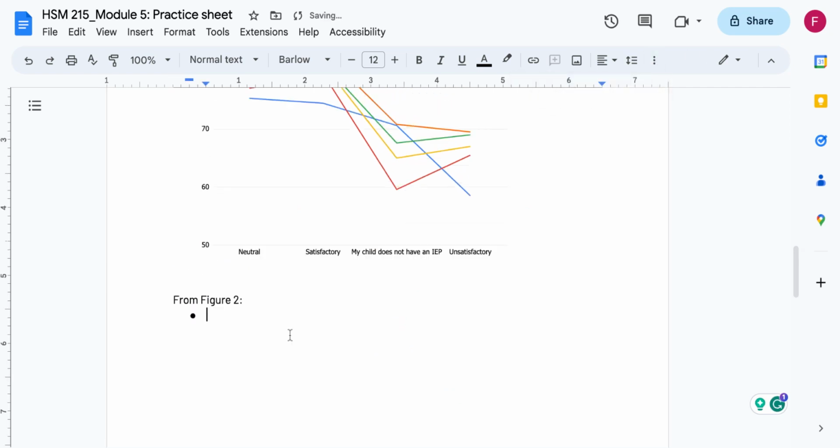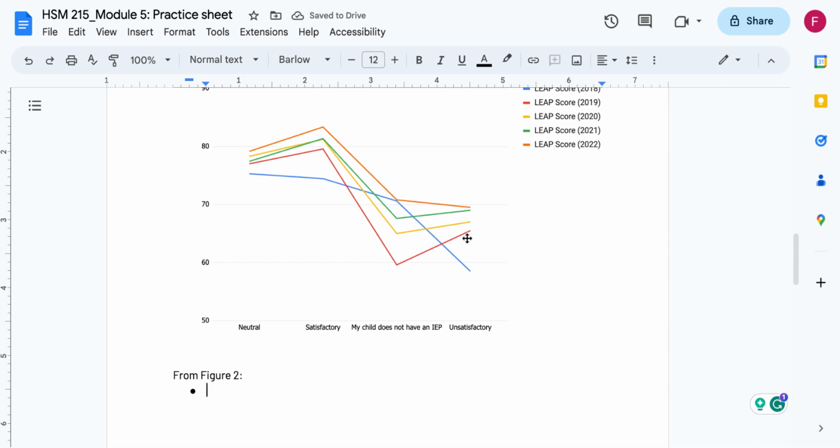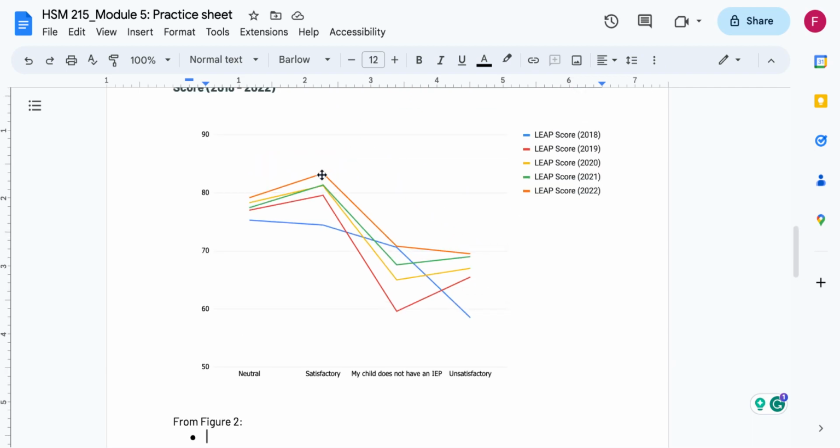And what we know from figure 2 is the highest LEAP score overall for all the years. Here, the highest average LEAP score appears to be 2022 because it's orange. So it's somewhere around here.